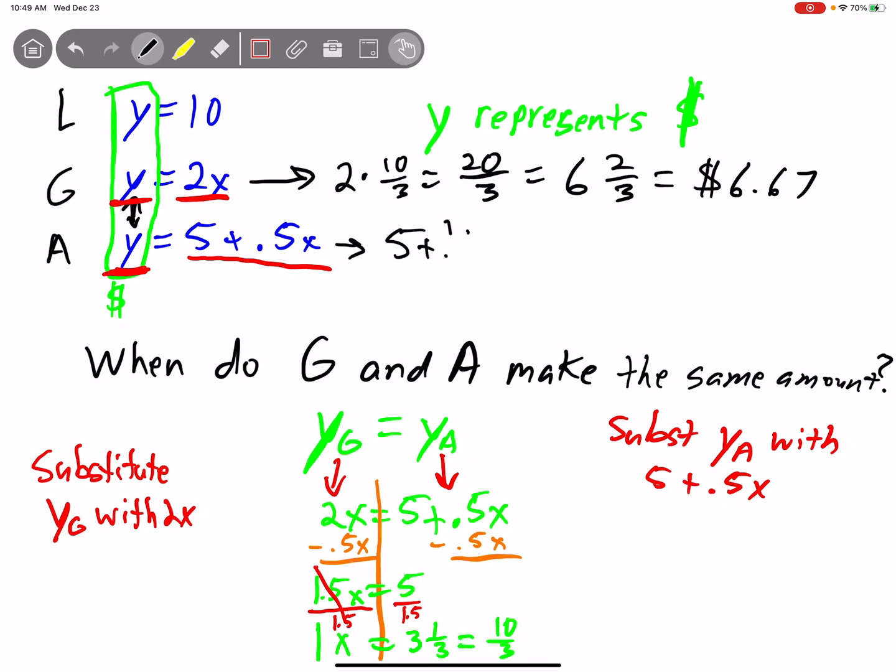Now for Alana, it's 5 plus, since it's 0.5, I'm going to change it to 1/2 times 10/3.